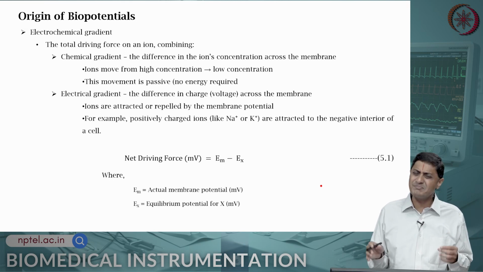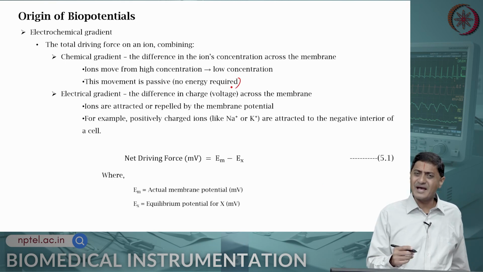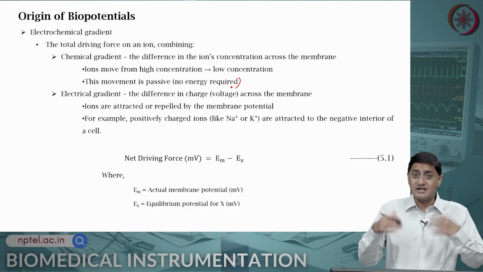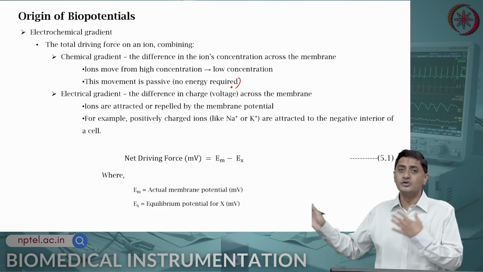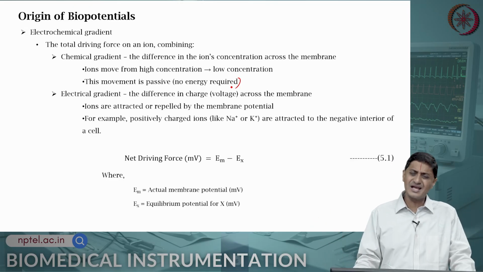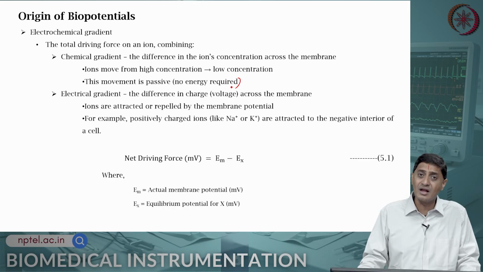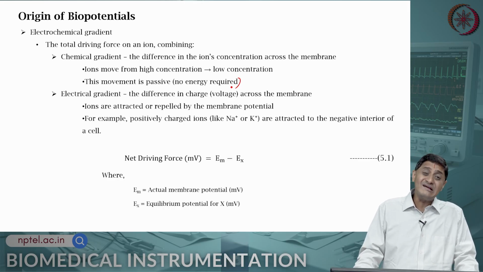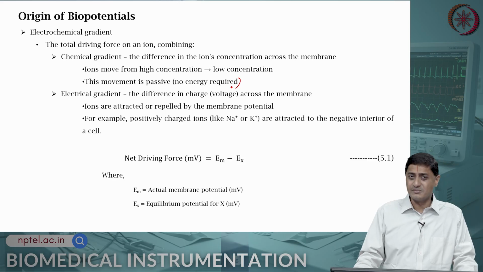This is a passive mechanism, pure diffusion. All that you need is a bouncer not stopping you, a channel that is open and allowing you to move, and then there will be a natural movement along the chemical gradient.